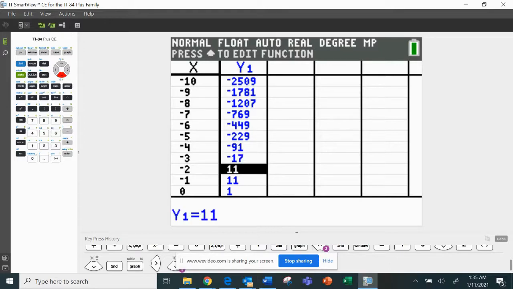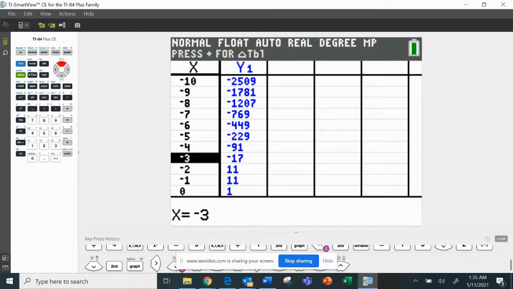So from -17 to 11, that is a sign change. What the intermediate value theorem is asking is, between which integers does the sign change happen on the y? So we're asking at which x integers the sign change happens. So we're looking for a range, and it's got to be from -3 to -2.